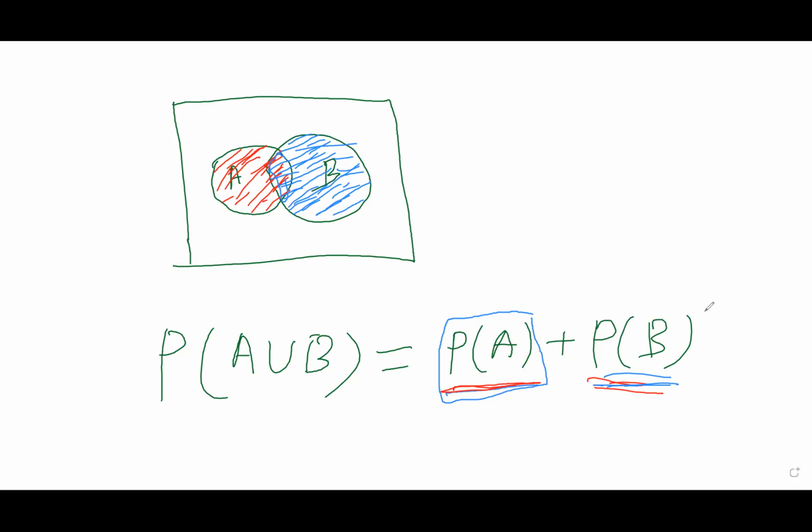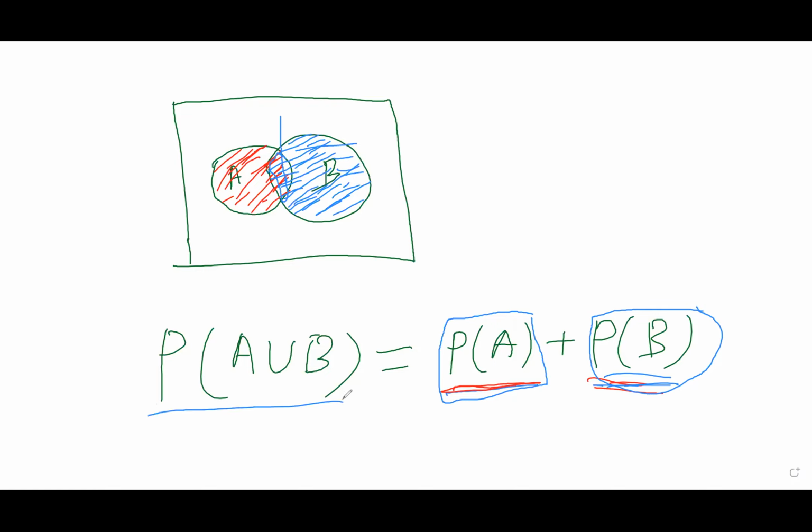When you are writing probability of B, you are considering the blue area. So what is happening in the middle? When we add them together, we are adding the middle part twice, right? When we write A, we consider the middle part, and when we write probability of B, we also consider the middle part. So we are adding this area twice.